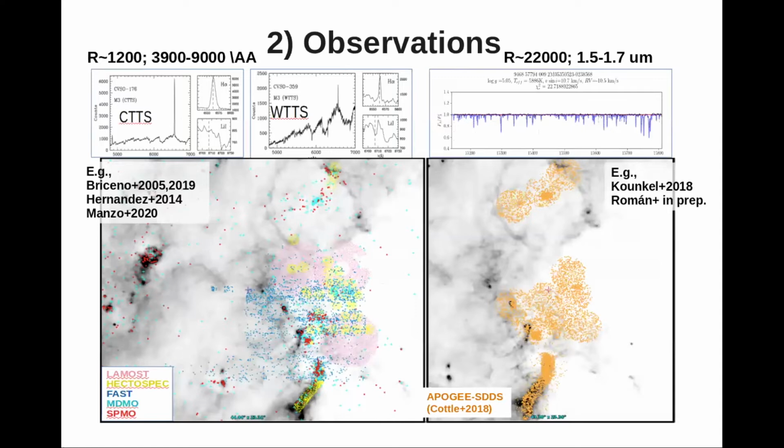We have compiled an extensive database of low resolution optical spectra in this complex using different facilities for many years. Also, we have available the near-infrared high-resolution database provided by the APOGEE survey of Sloan.